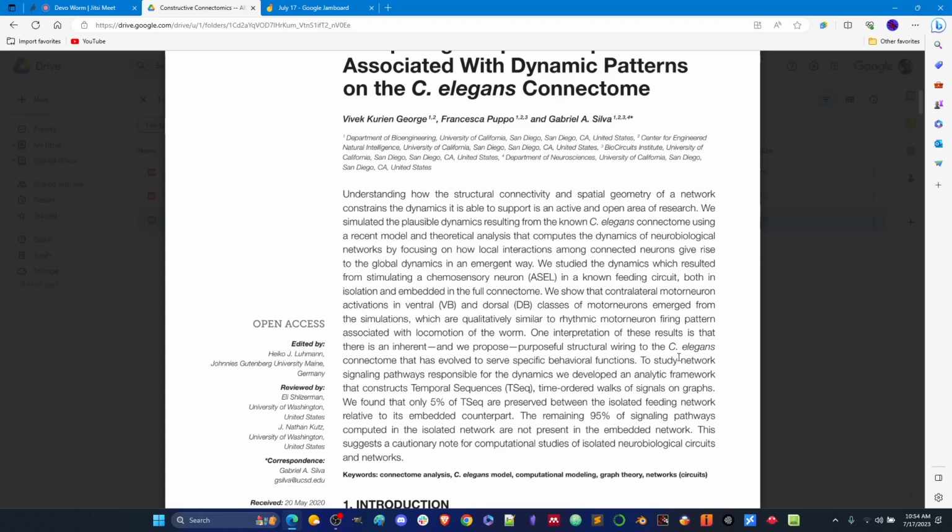Now, this is not really controversial in C. elegans, but in larger organisms, or organisms with maybe larger brains or different types of more complex behaviors, this is not really something that we accept as easily. And of course, we don't see that in a lot of cases.